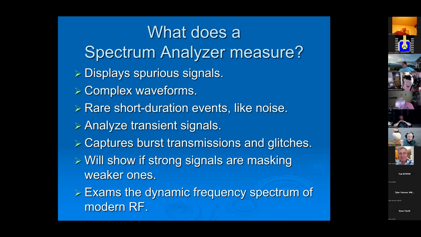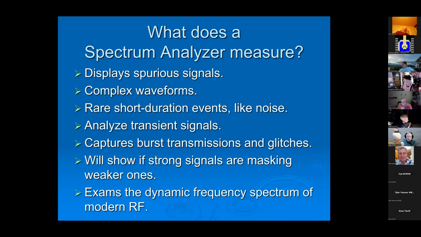So it's cool for capturing bursts of transmission, as sometimes you can set up triggers to try and catch those bursts or those glitches, and then it can save it, and you can go through and analyze it. Once you've got it saved on your scope, you can pillage and plunder through it, and try to figure out what's really going on.